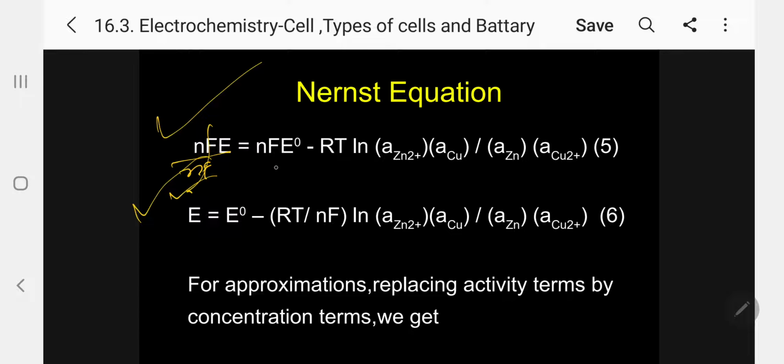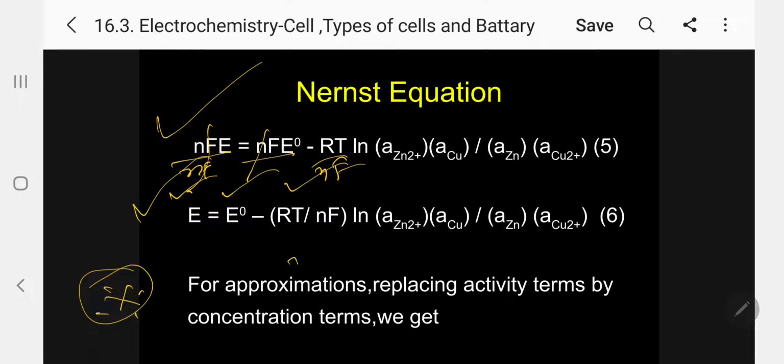Here nF cancels, here nF cancels. So E equal to E naught minus RT by nF ln, activity of zinc 2 plus into activity of copper, divided by activity of zinc into activity of copper 2 plus. Please follow, this is the most important.